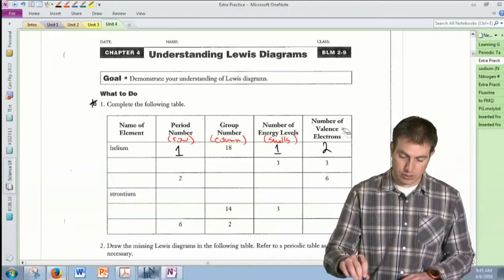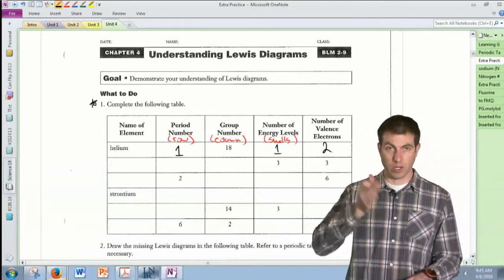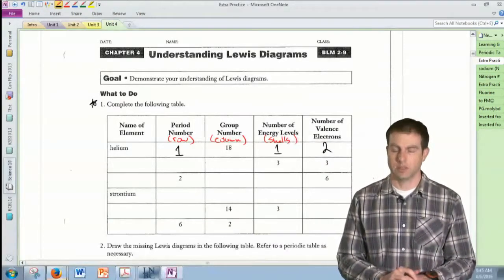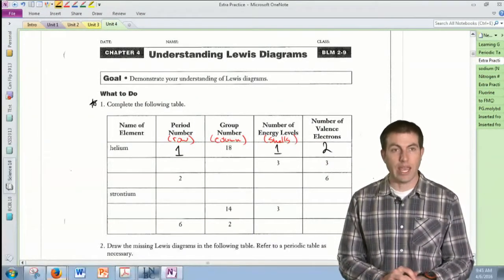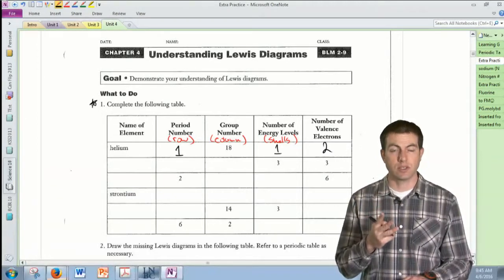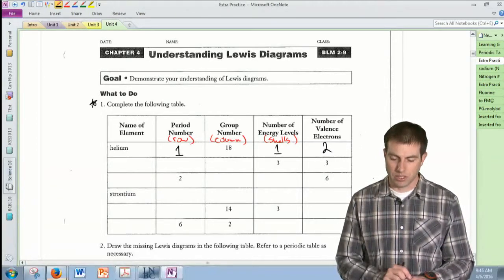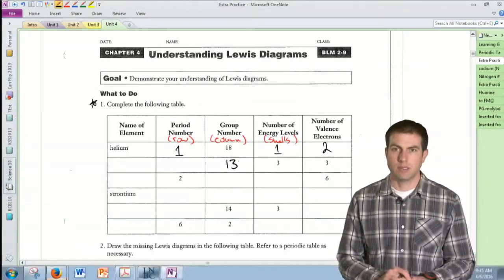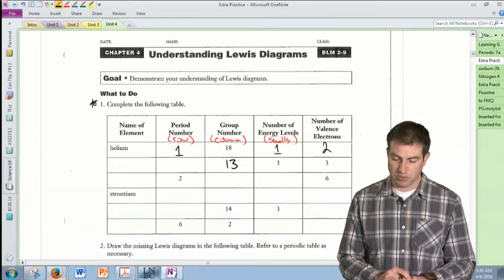If there are 3 electrons in its outer shell, do we know what column it's in? Yes, we do. Everything on the periodic table that has 3 valence electrons has to be in column 13. There's no way around that. So if you're in column 13, you have 3 valence electrons.